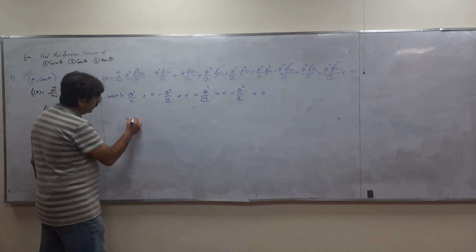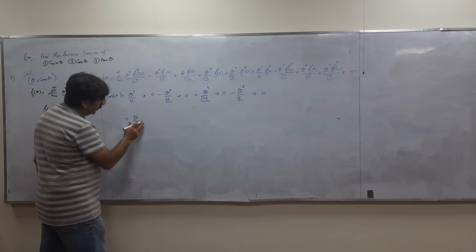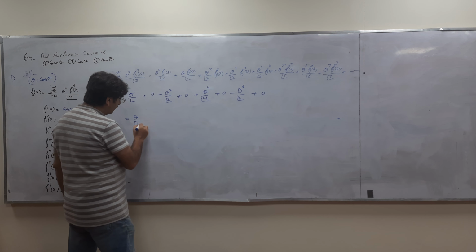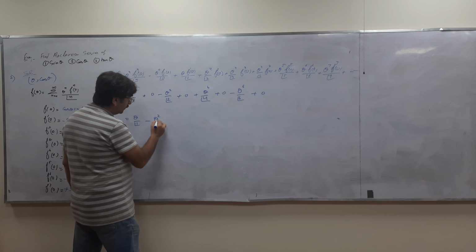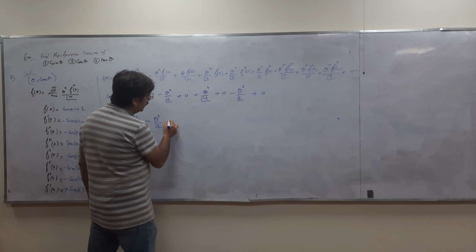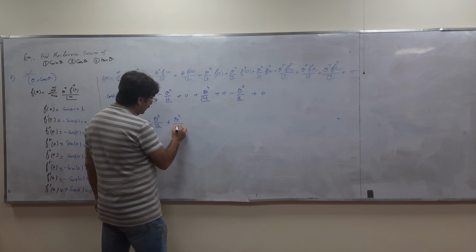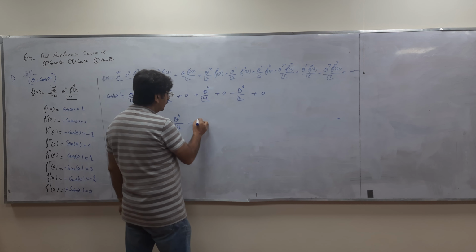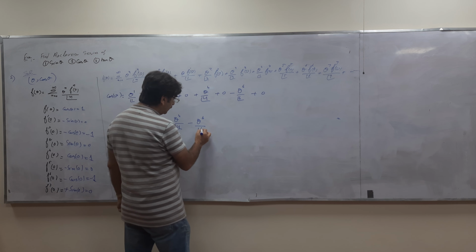So we may say: 1 minus theta squared over 2 factorial plus theta to the 4 over 4 factorial minus theta to the 6 over 6 factorial and so on.